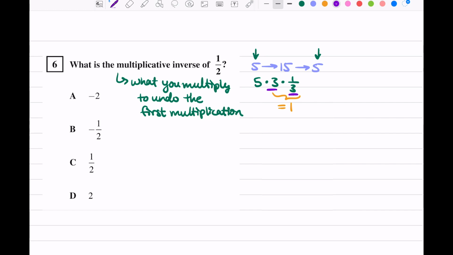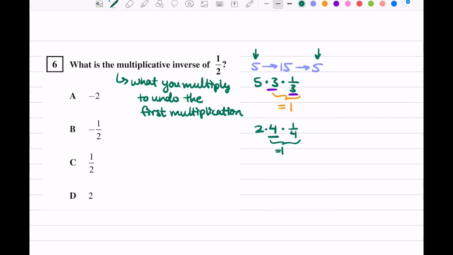So 1/3 was the multiplicative inverse of 3 because it undid it. Another example, let's say we have 2 times 4. What would you multiply to undo this times 4? You multiply by 1/4 because 4 times 1/4 just equals 1. And so we're left with 2 again.